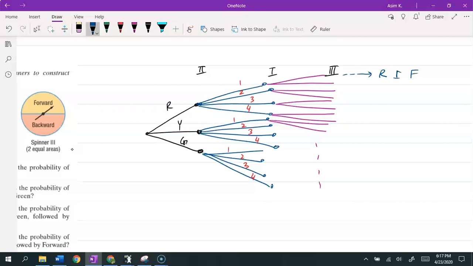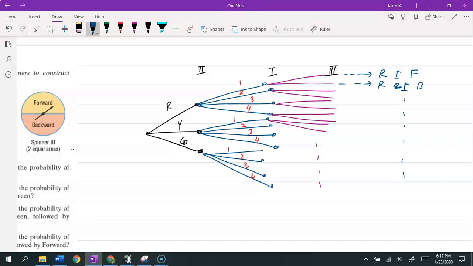So the number 1 and then forward. Okay, what about the next one? That would be red followed by, actually no, not 2, 1 and then followed by backward, like that, right? So like this, you can list out all those possibilities.